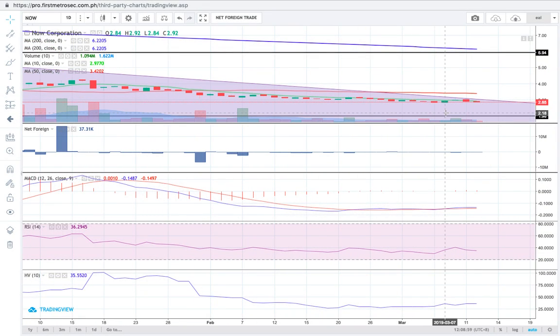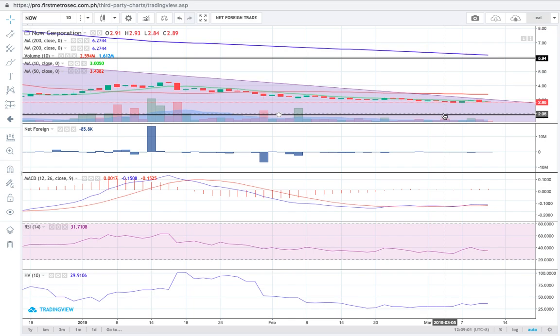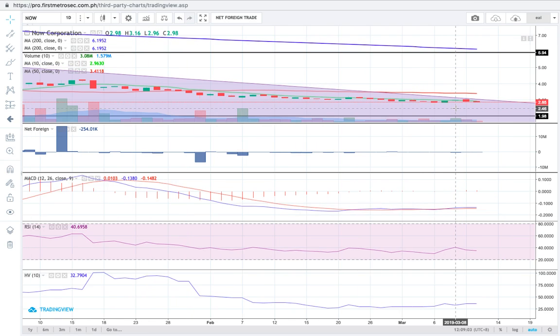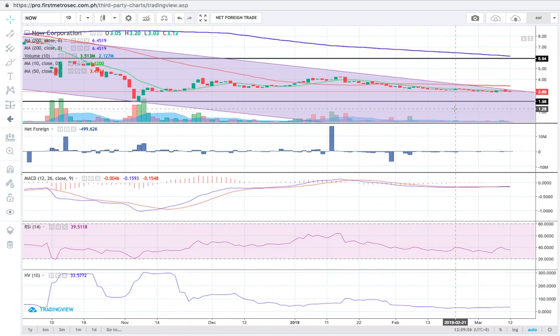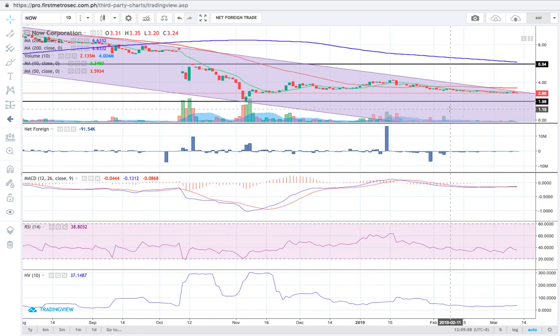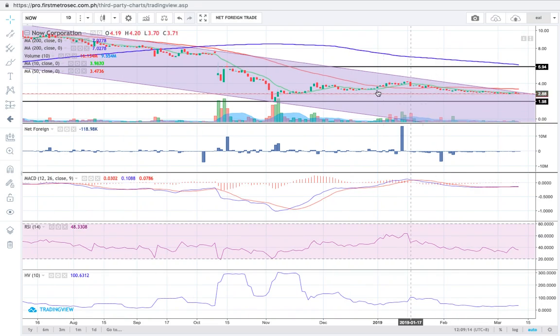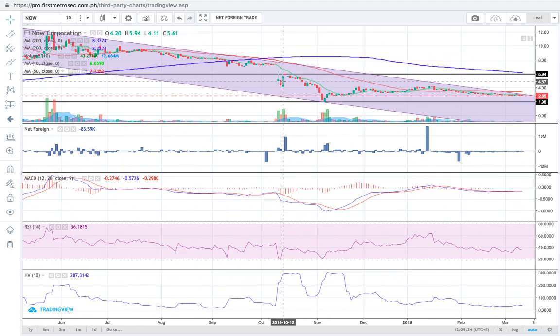did you see that? I had to zoom in just to check where the volume is. There's actually relatively low volume. That's why the price of Now Corporation has just been moving sideways for not just weeks but months, since I think November last year. It started to trade the range, and which range is that?